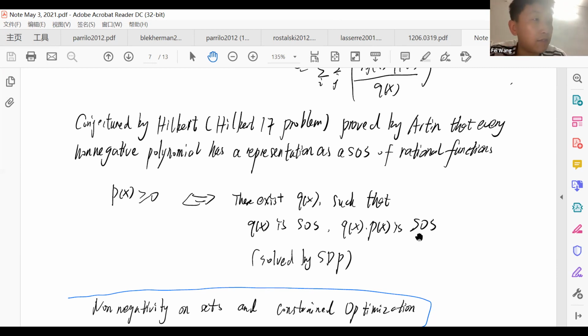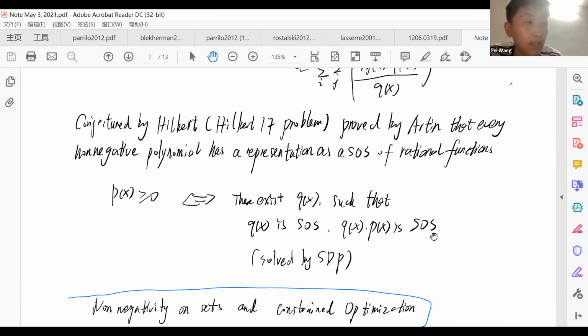We give a degree bound on the monomials in q(x), and then we set up this sum of squares problem, and then we increase the degree bound, so we have a q(x) of larger and larger degree.